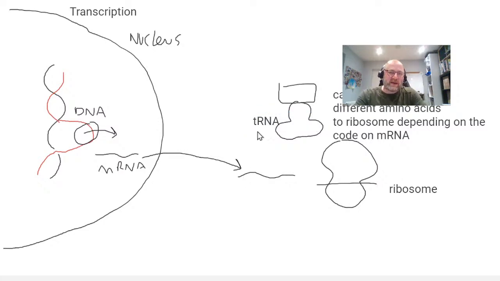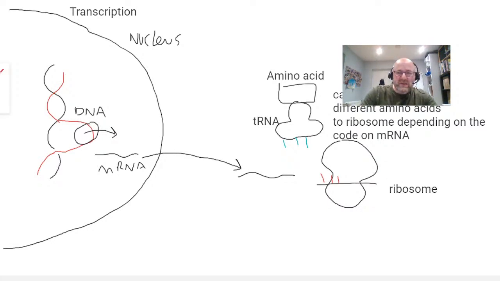This is tRNA, and this is your amino acid. The tRNA has a triplet code known as the anticodon that binds to the codon found on the mRNA, and they're specific. But we don't want to go into that because it's a bit too much detail.